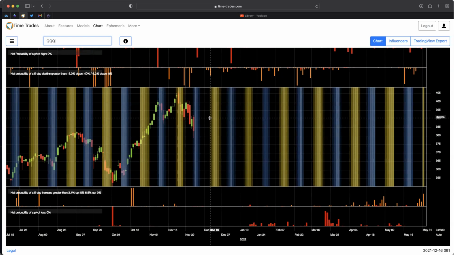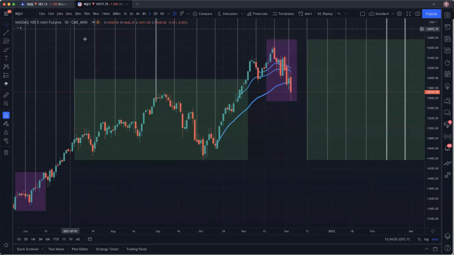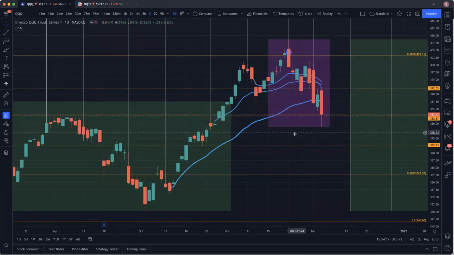If we go back to TradingView here and take a look at the NASDAQ, the theory was that Bitcoin's leading the NASDAQ by about 2 weeks. So is that still holding or not? Let's go to Bitcoin.